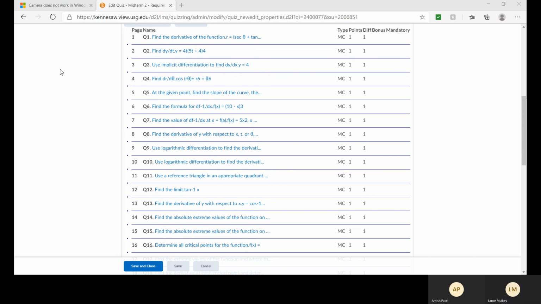This one? Okay, also 29. What about this one that I got up right now? Because there's two logarithmic differentiations. Okay, you don't see that screen. It's popping up as a different screen. Great. All right, so that's number 9.